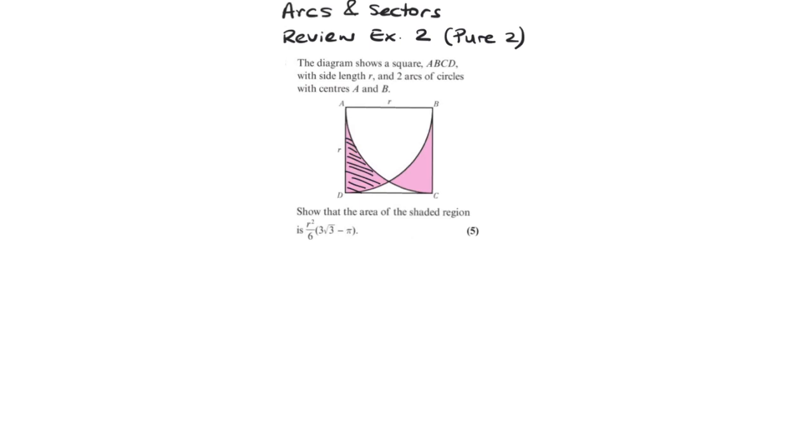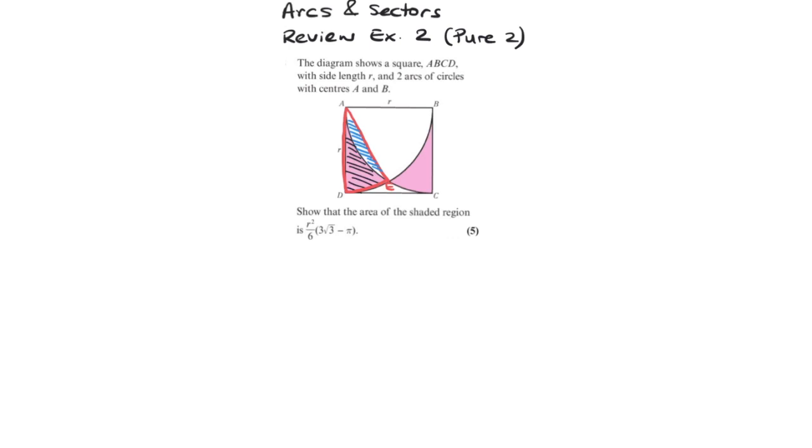Now, if I split this up into, say, a sector, I'm going to draw this out in a few different colors. So let's say you have this point E, and if I work out the area of this sector, and then take that area away from this small section over here, I would end up getting my required region.